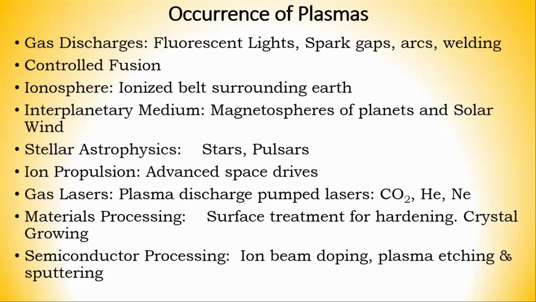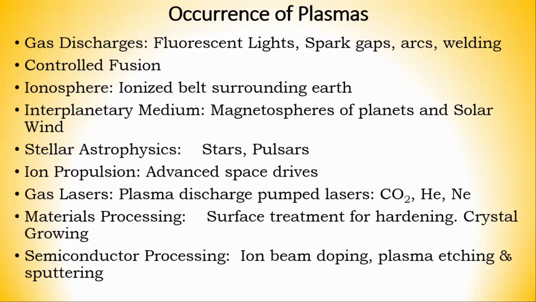Nowadays this branch is not as popular, but in the 90s lots of research was done on this crystal growing technique. Single crystals and multiple crystals were grown in the laboratory. It takes 10 days, 15 days, depending on the size of the crystal. So there also plasma is produced.